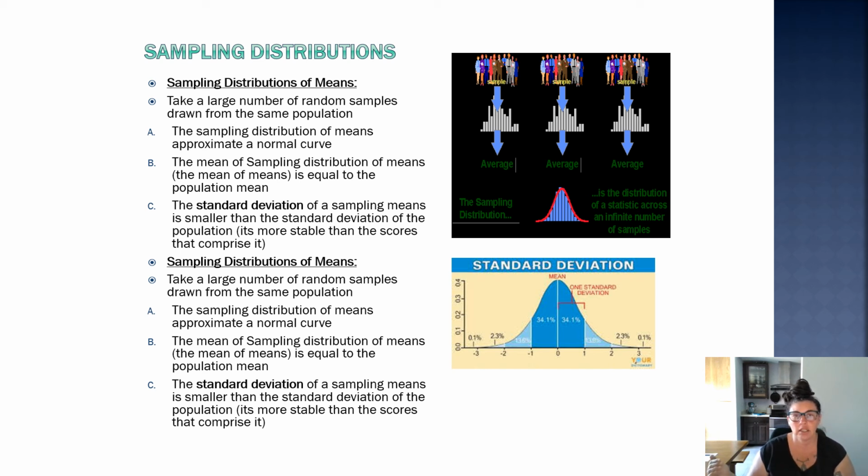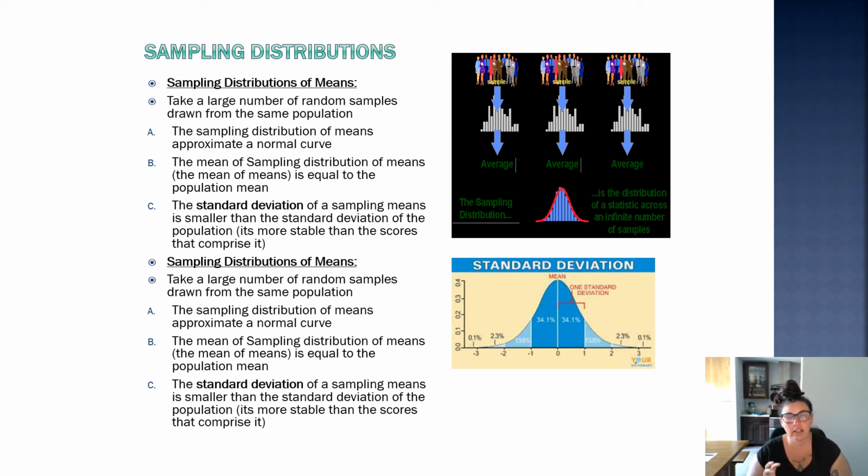Okay, so you would take as many samples as you possibly can, big enough so that you eventually approximate that normal curve, and then you're going to look at your mean of means, right? And that should be equal to your population mean. Then you look at the standard deviation of your sampling means, and it should be smaller than the standard deviation of the population because it should be more stable.